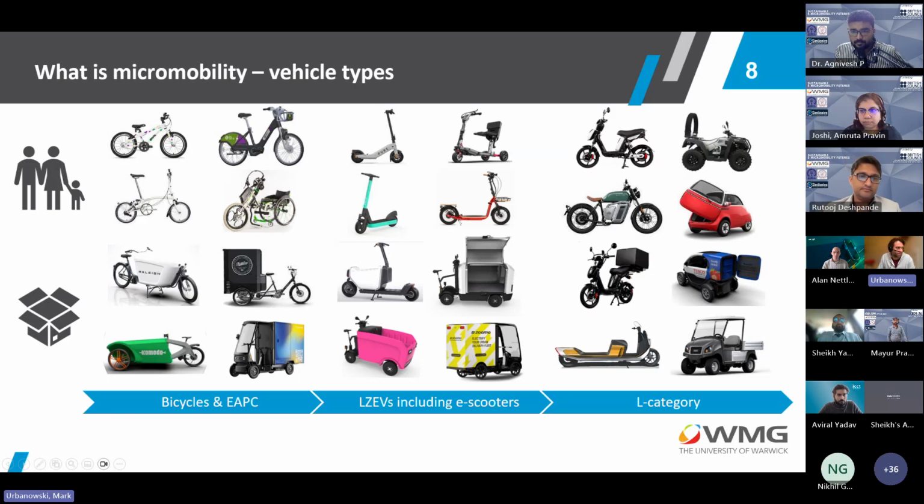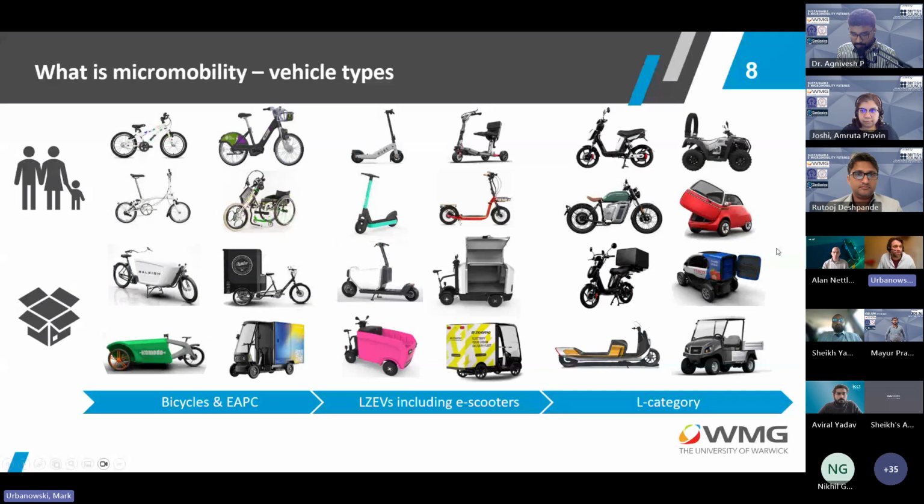So on the left, we've got our bicycles and electric assist pedal cycles. And these can be for kids, they can be for commuting, they can be shared, they can be adaptive for disabled users. They can be two-wheeled, three-wheeled, or four-wheeled, and deliver up to 2 meters cubed of goods in their cargo formats.